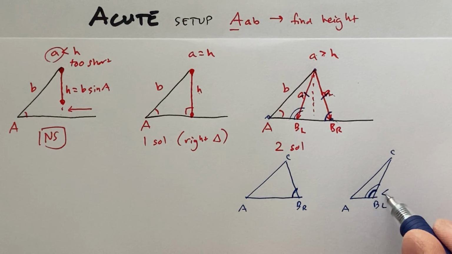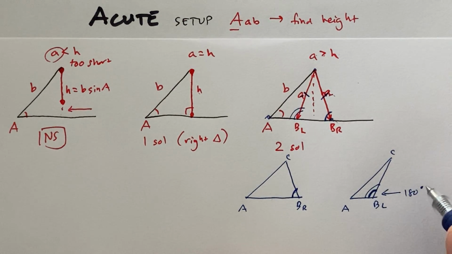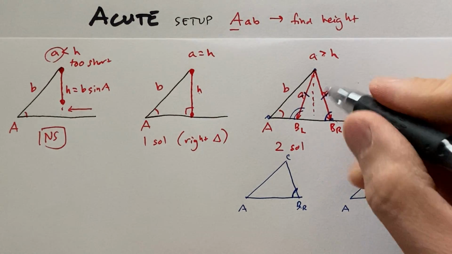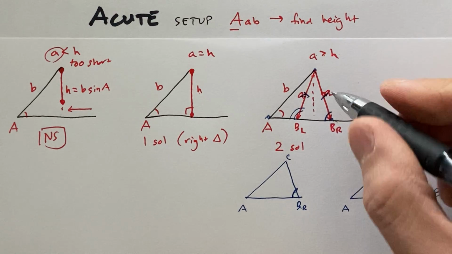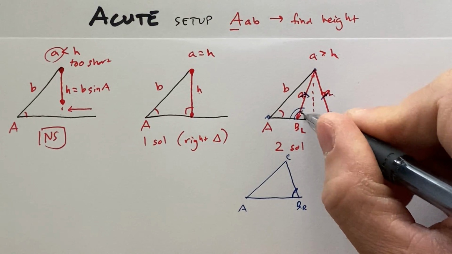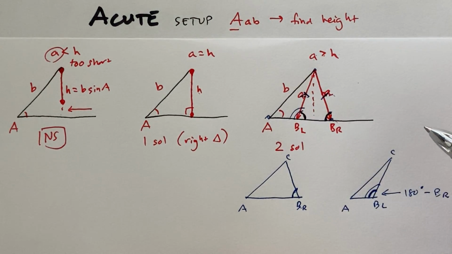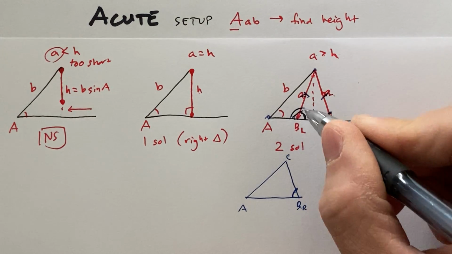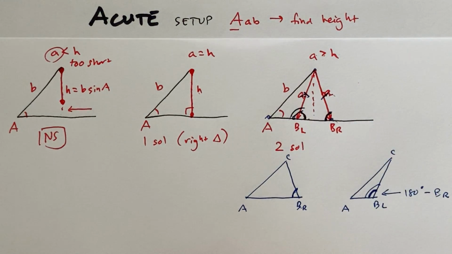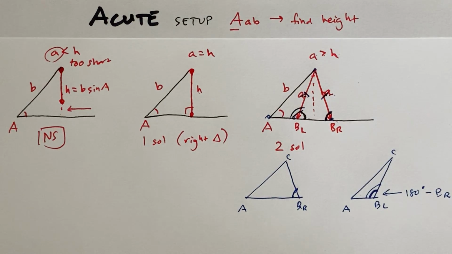This one is always going to be 180 degrees minus this first angle. Always. Why? Because if these two are the same, then these two have to be the same. It's an isosceles triangle, and this is the supplement of this one right here. So once you set this up, applying the law of sines to both of those, you'll have your two answers.